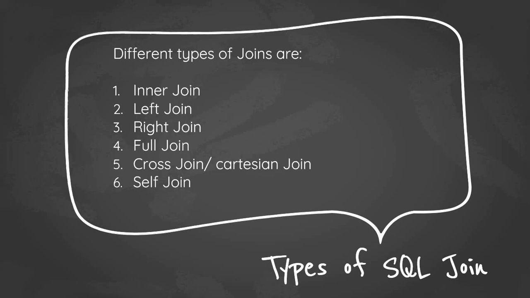And finally, for the self join, as the name suggests, it does a join on itself. So we would make one instance of a particular table and then make another instance of the same table, and then we'll proceed by doing the join. Feel free to rewatch the video, rewind to certain parts where you can see the SQL for the inner join, left join, right join, full join, cross join, and self join.